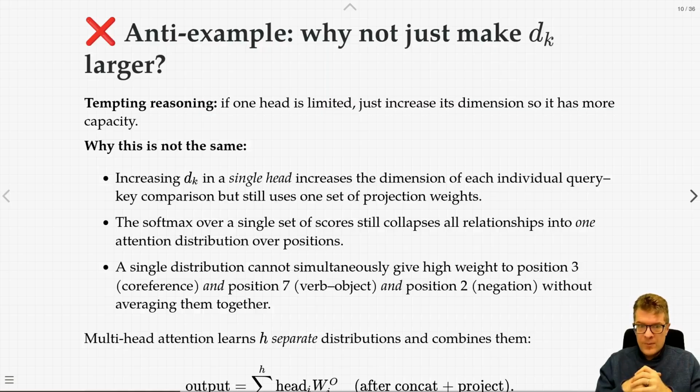So even if a more capacious d sub k could, in theory, learn more things, it's still going to have to be collapsed over the single sequence once. And therefore, it's not going to be able to learn separable things. It's going to, in some sense, average everything together. It's not going to be able to say, I'm going to give a certain amount of weight to position 3 in this circumstance, and a different amount of weight to position 7 in a different circumstance, and pick and choose what functions I'm applying to each of my weight vectors.